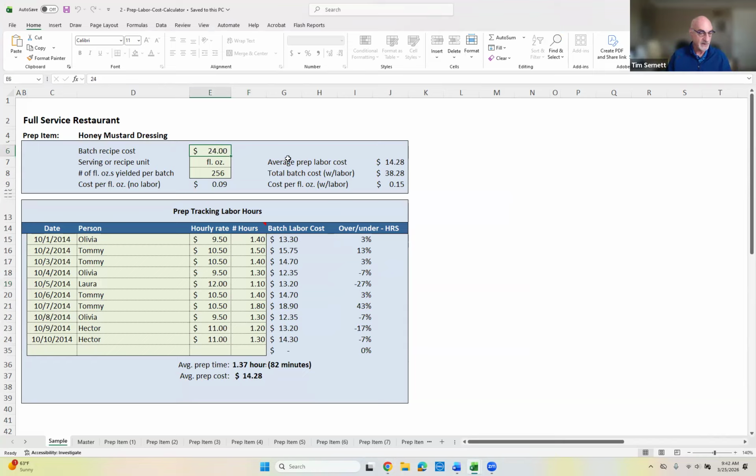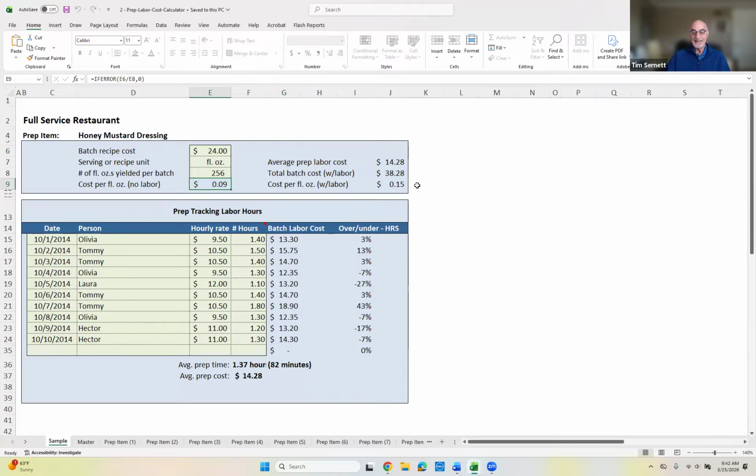Now, we know the cost is $24 because we did our detailed menu costing cards, and every ingredient that goes into every item on the menu is costed. And a batch recipe for this particular dressing is $24, 256 ounces, 9 cents per ounce with no labor.